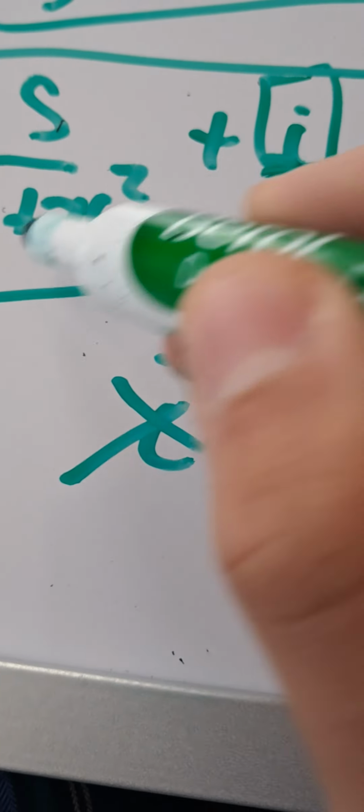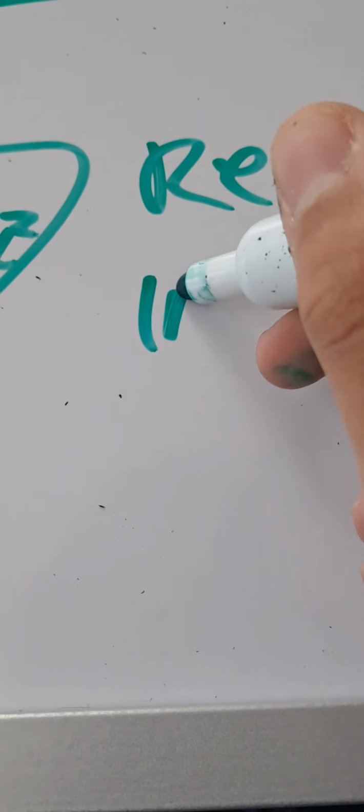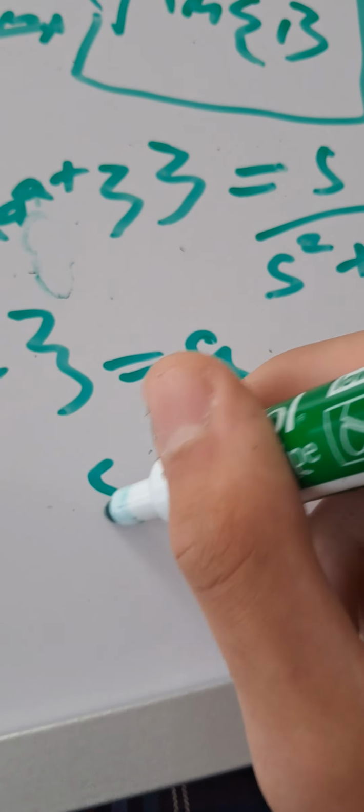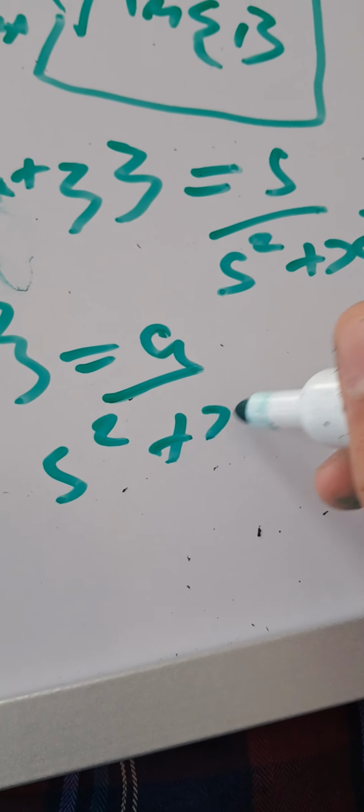That's just s over s squared plus x squared. And now the imaginary part will just be whatever term does contain i, which is just x over s squared plus x squared.